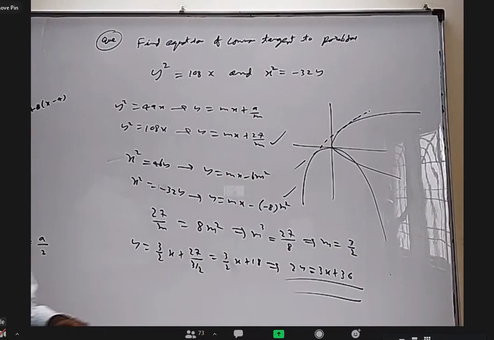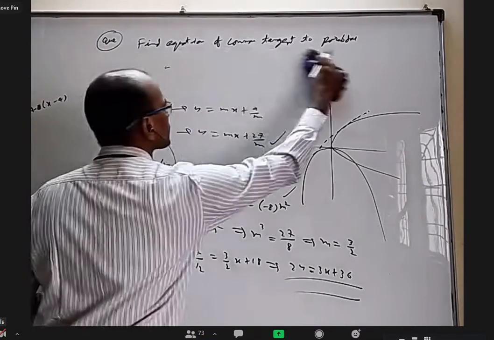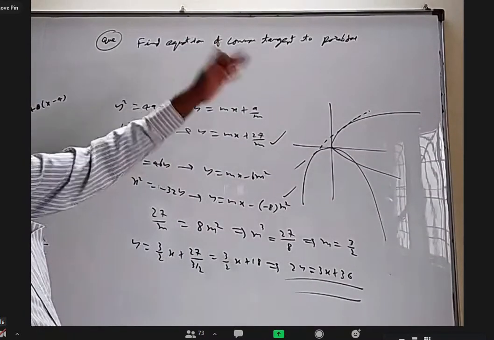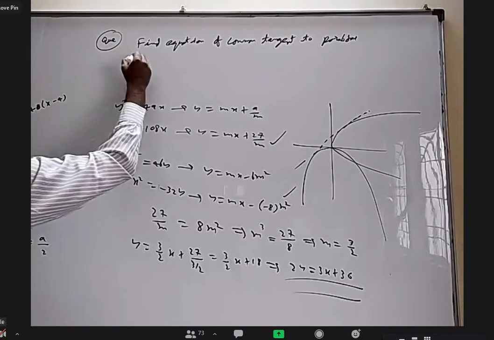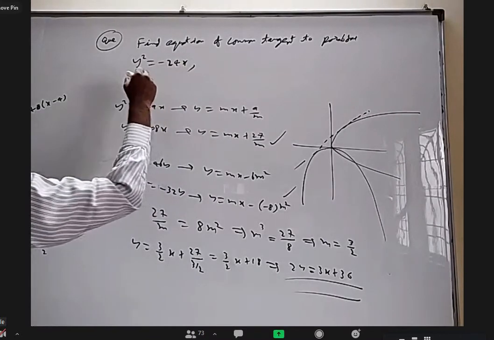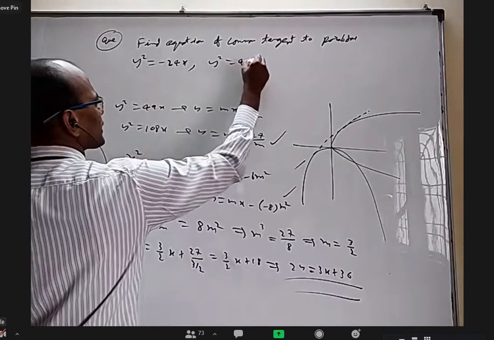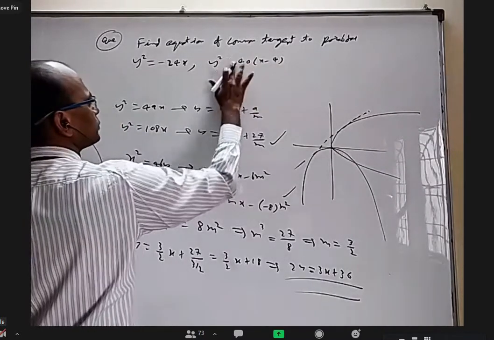Okay, everybody completed this? Okay, next question. Find equation of common tangent to parabolas y square equal to minus 24x and y square equal to 40 into x minus 4.